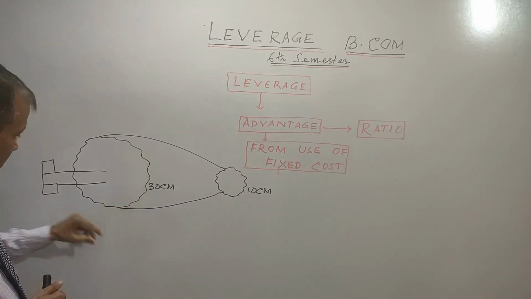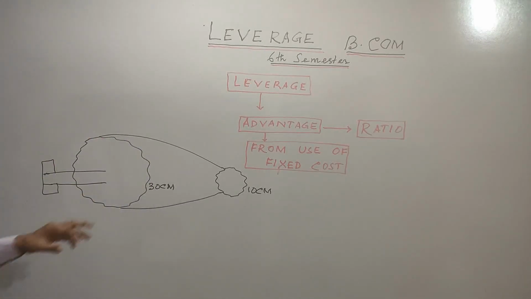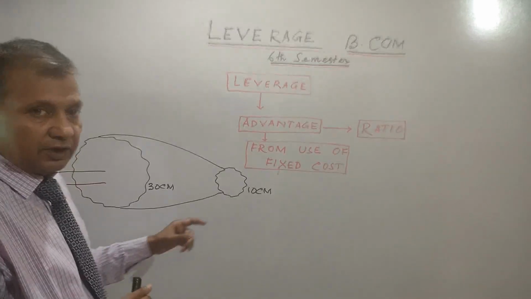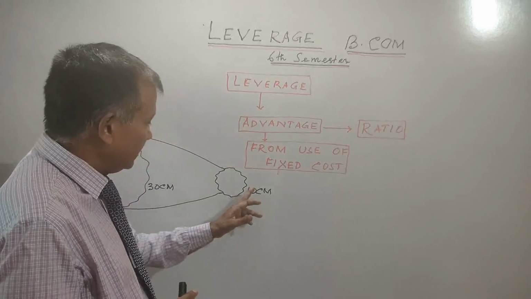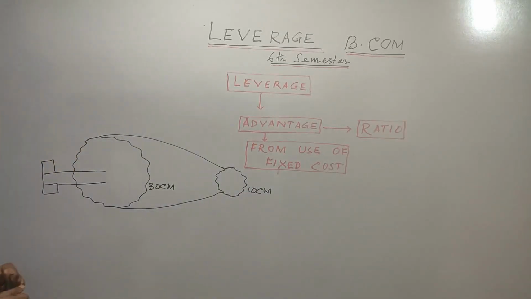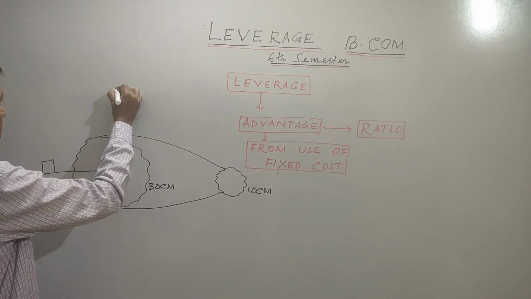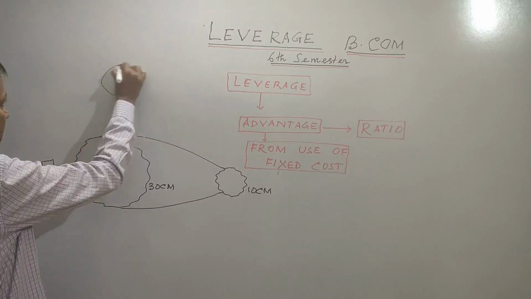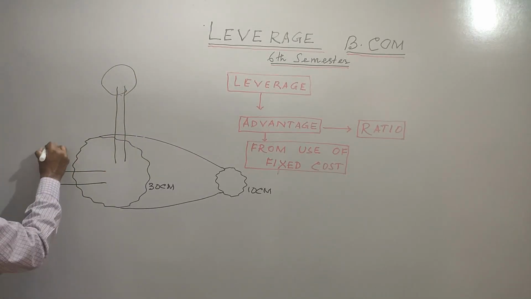The periphery of this particular shaft is 30 centimeter and the periphery of the back wheel is 10 centimeter. The person riding the cycle is putting the weight here, pedaling.